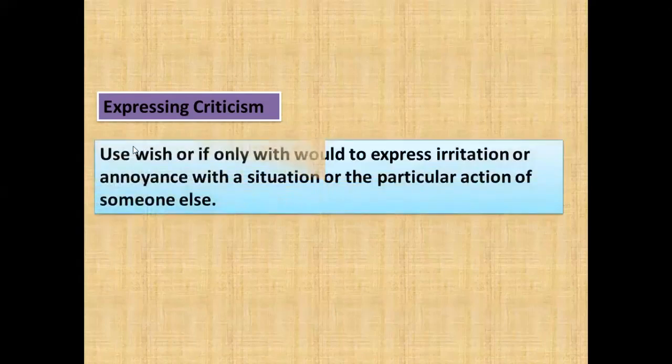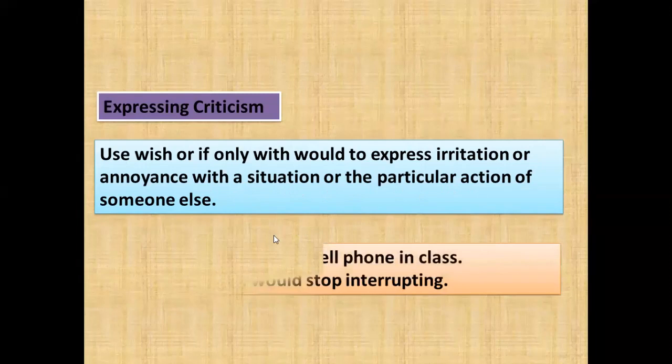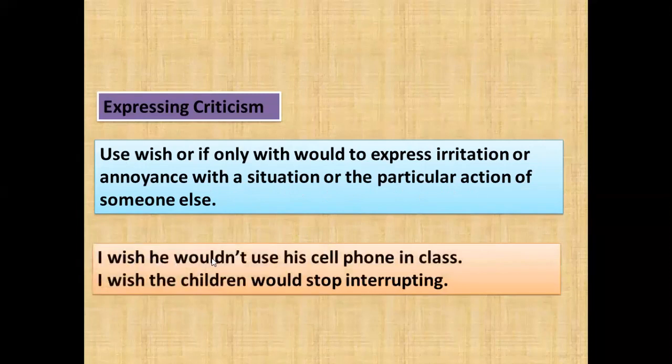Here, we use wish or if only with would to express irritation or annoyance with a situation or the particular action of someone else. For example, I wish he wouldn't use his cell phone in class. I wish the children would stop interrupting. So here, we express a criticism.